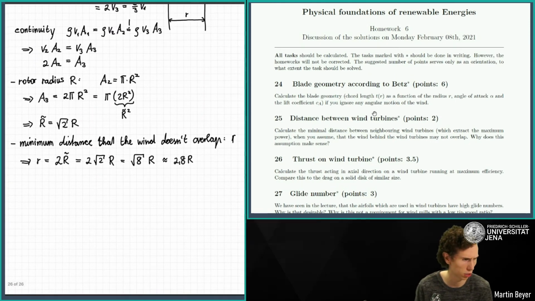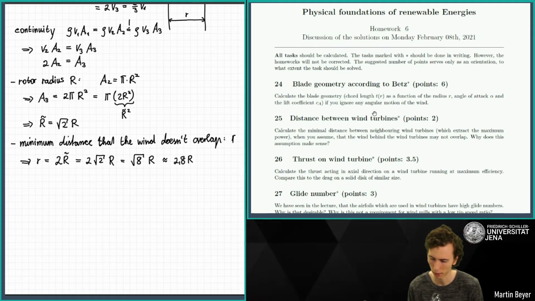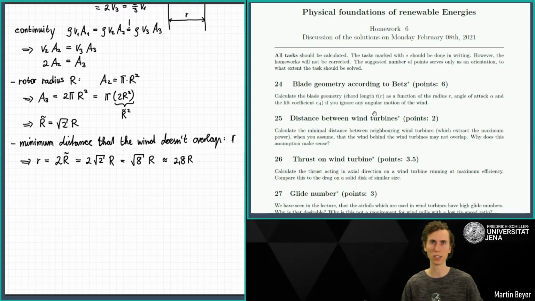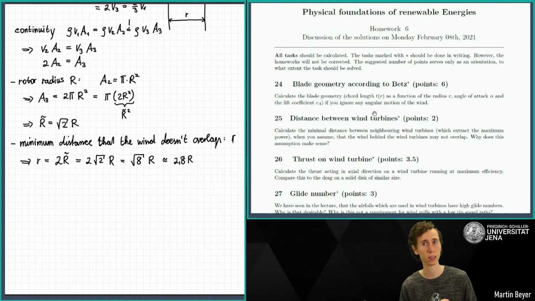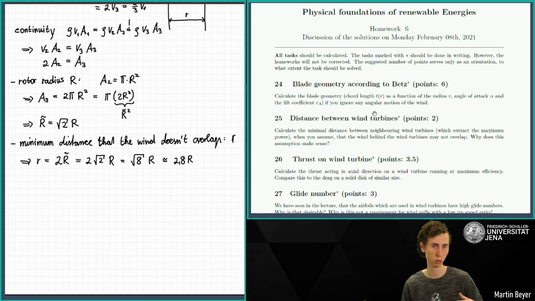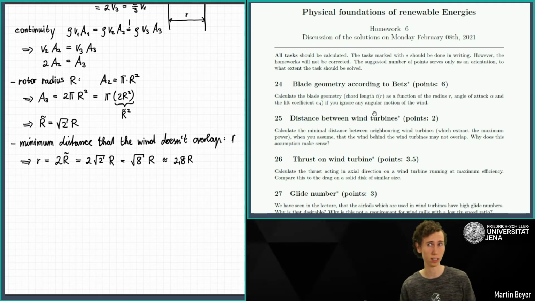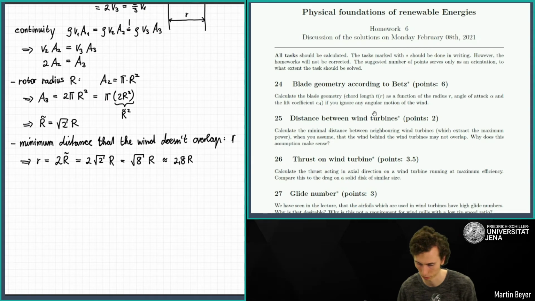Was there another question? Why does this assumption make sense? Okay, and the reason for that is that we don't create additional turbulences. So suppose that we want to build another wind engine a little bit behind our 2 original ones. We don't want to create much turbulence in the air, which will reduce the efficiency of the next wind engine.